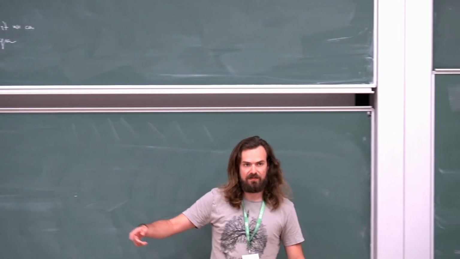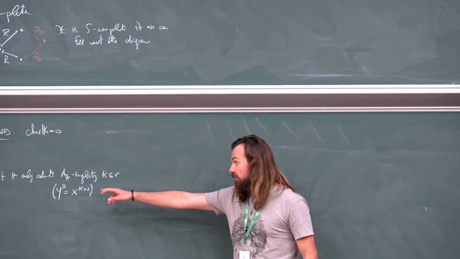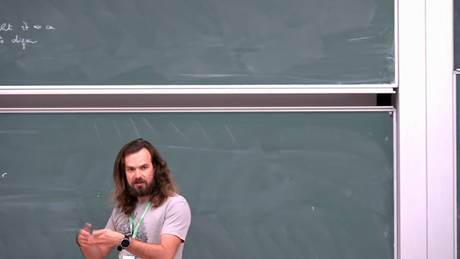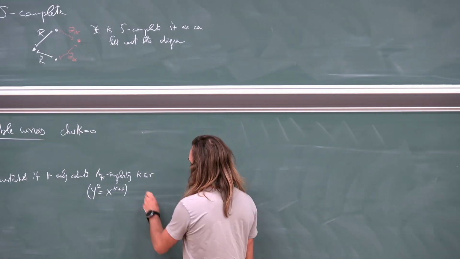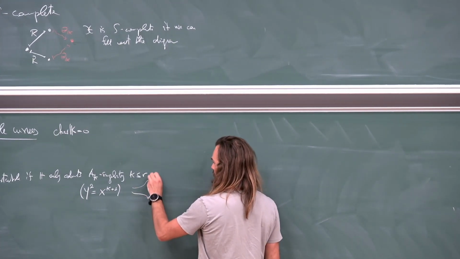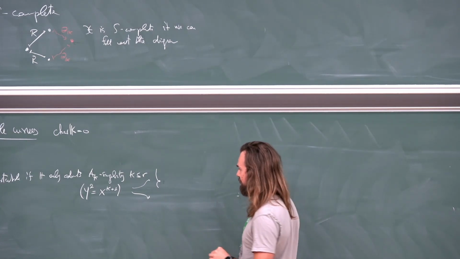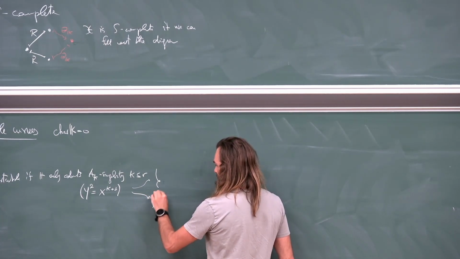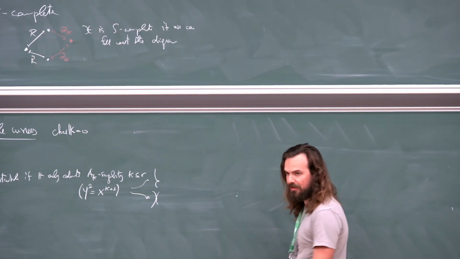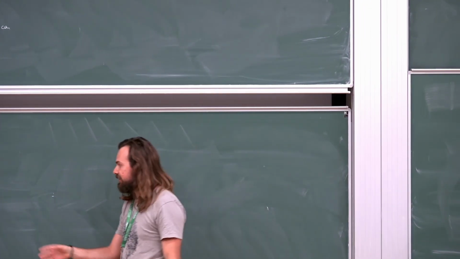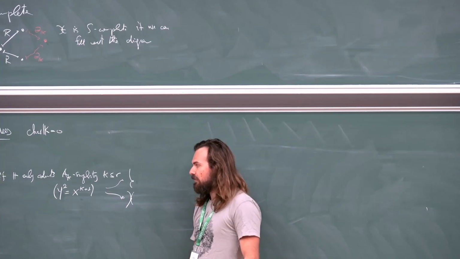If k equals 0, this is just a smooth point. If k equals 1, this is just a usual node. k equals 2 is a cusp, k equals 3 is a tacnode, and then you go on. You essentially have two possible pictures: one is the hypercusp, and the other is the hypertacnode. Geometrically, they look really the same. The way you glue things is just more and more complicated, given by the higher power of x.